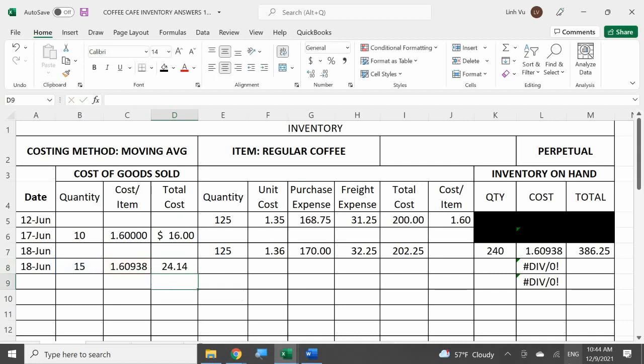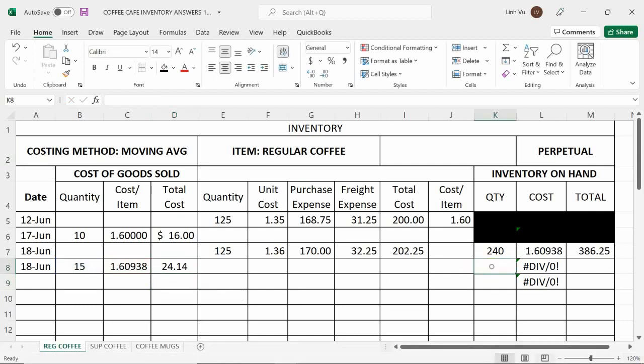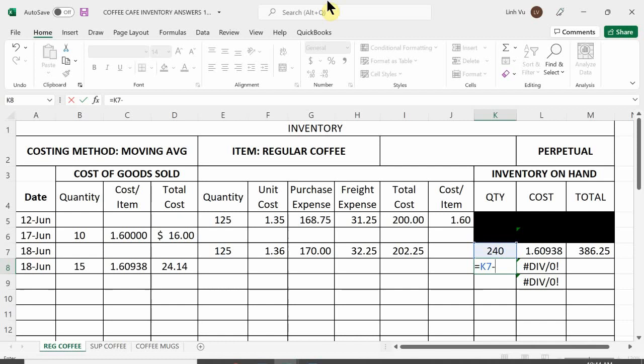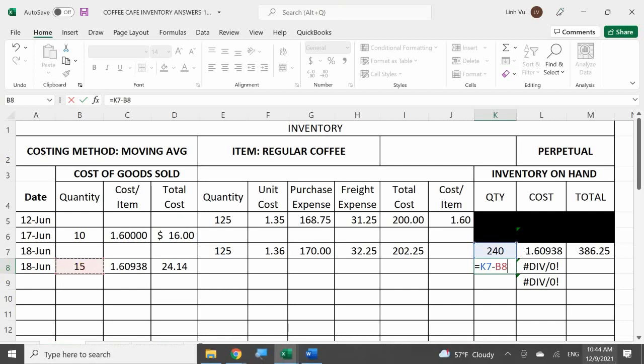$24.14. So therefore, we need to take this amount out from our inventory. If I sold or used 15 pounds, how many pounds should I have left remaining? 225.